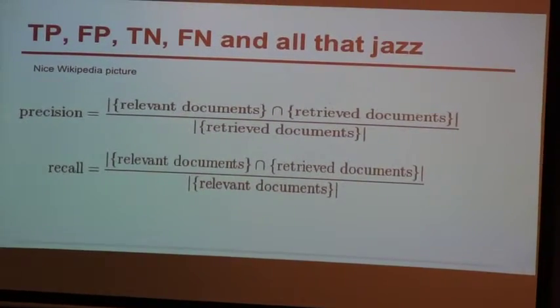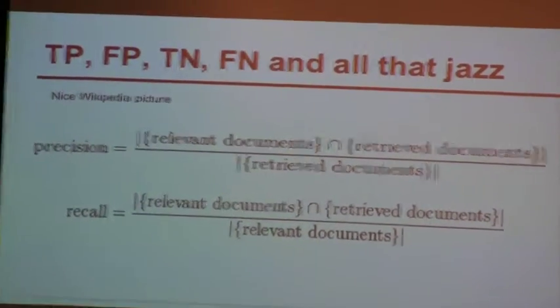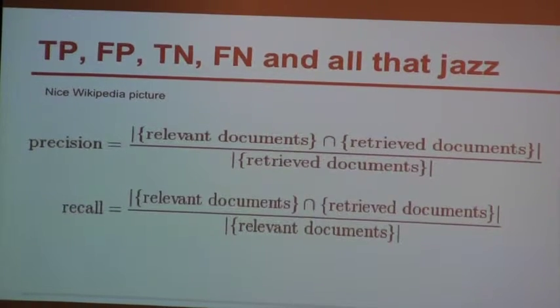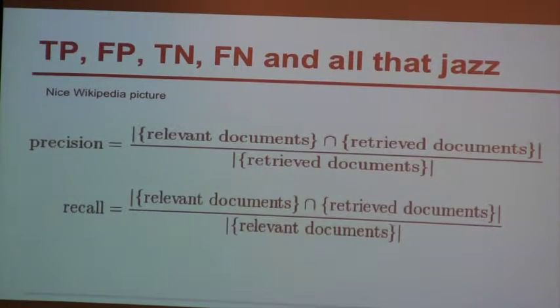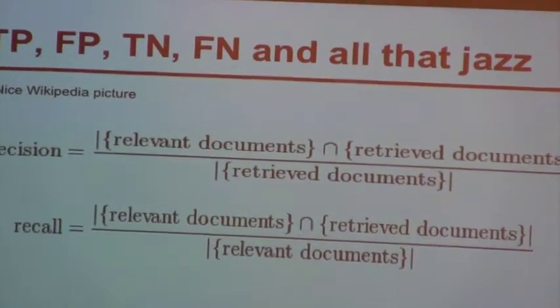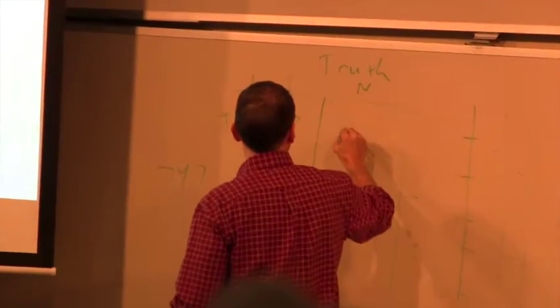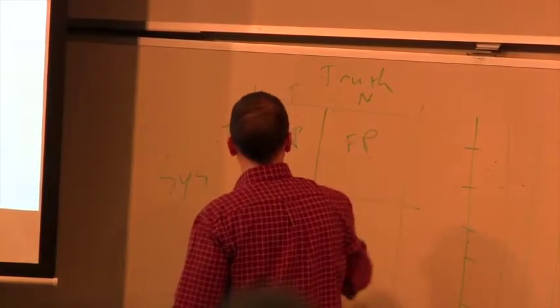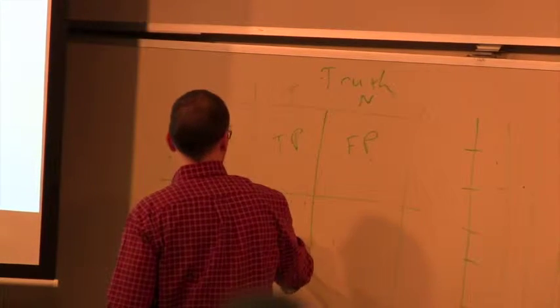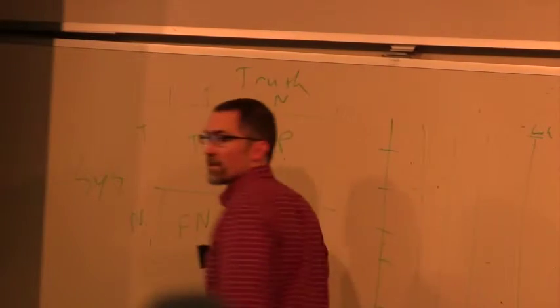All right. So do people know true positive, true negative, false negative? The basic idea is if you have, let's say, truth and system, yes, no, yes, no, this is a true positive, this is a false positive, this is a false negative, and this is a true negative.